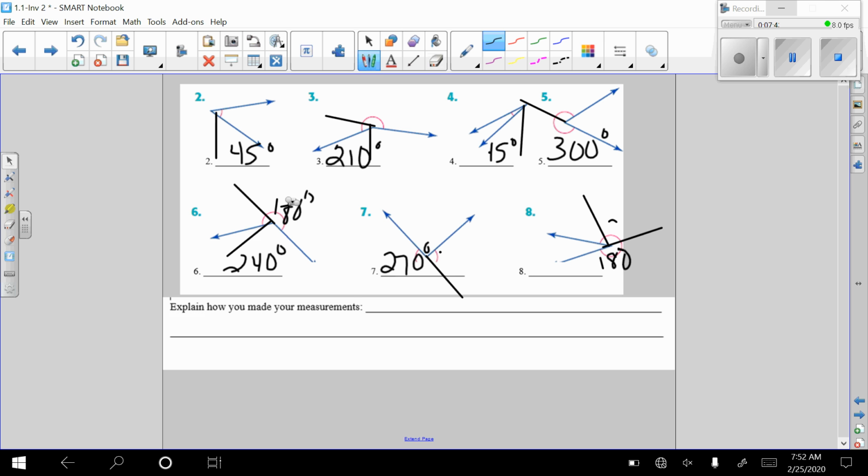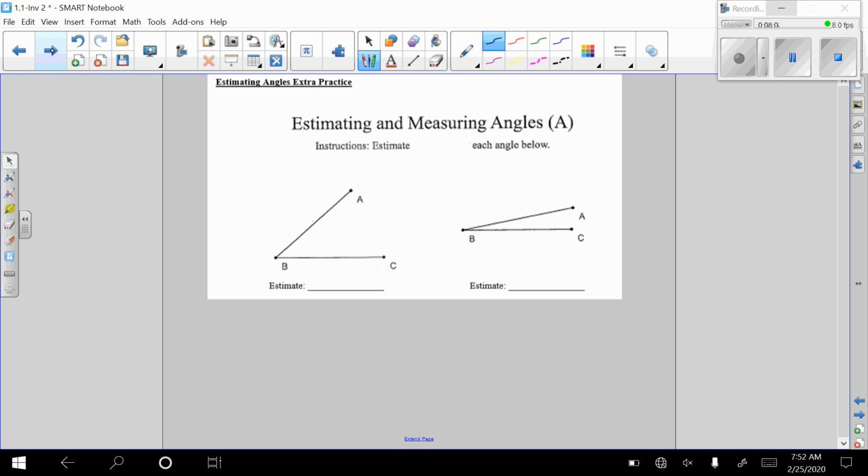This is more than 90, so there's a 90 degree angle, plus a little bit more than that even. So if I add all that up, let's say we're at about 330 degrees. Remember, these are just estimations. We figured out our estimations by using our benchmarks. That's what we used, our benchmarks of 90, 180, and 360 degrees.